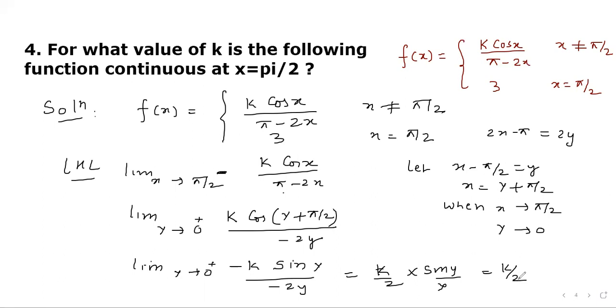So we have got LHL as k by 2. Similarly, RHL will also be k by 2, because from the same function we have to evaluate LHL and RHL. And this must be equal to the value of function at pi by 2. So k by 2 is equal to 3, or k equal to 6.